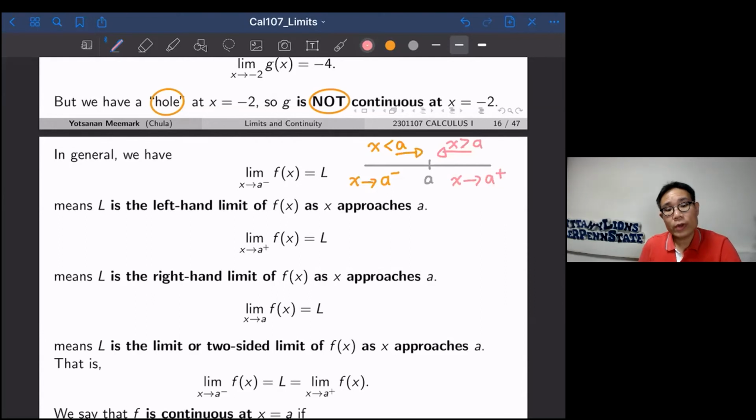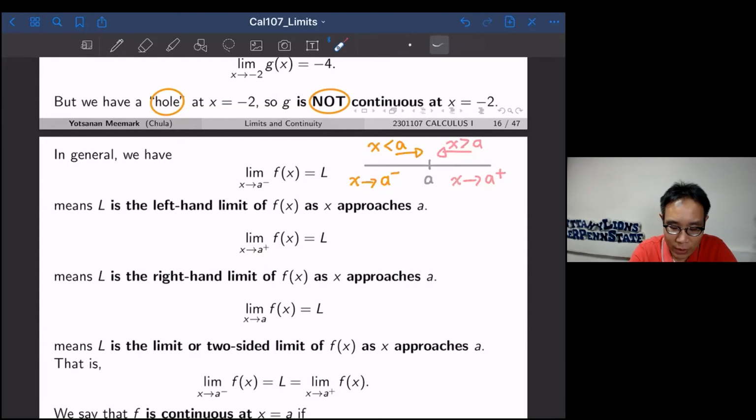So you have the limit as x goes to a from the left of f(x) equal to L. This is the notation for the situation where the value of the function approaches L if x is really close to a, but x is less than a. And in the case that x is really close to a and x is higher than a, the notation will be the limit as x goes to a from the right.